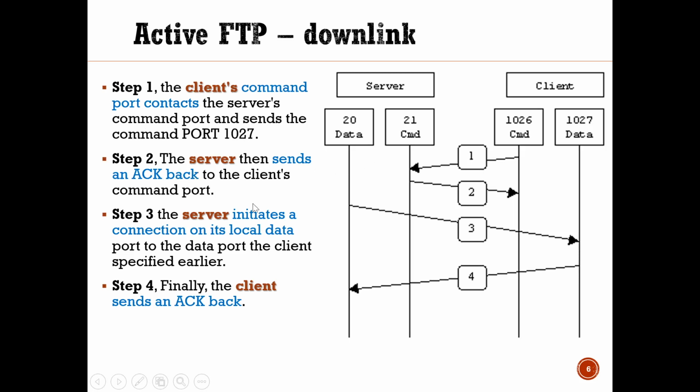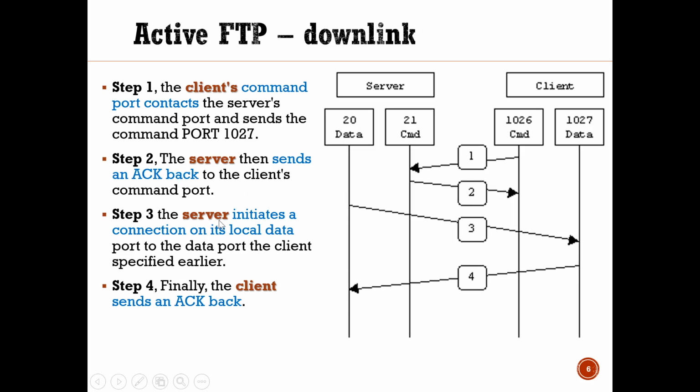Then in step two, the server sends the ACK back to the client. This is a control message from the client to the server telling it that it is willing to connect, and the server responds with an acknowledgement that yes, you can use the port number.